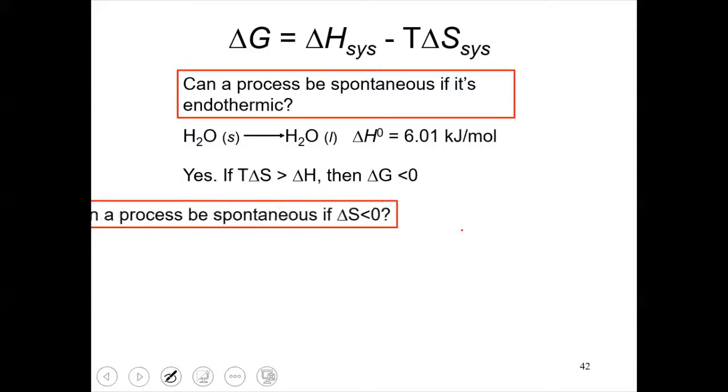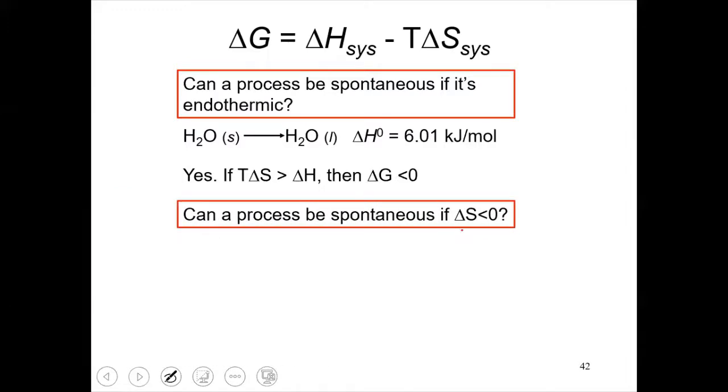Second question. Can a process be spontaneous if delta S is negative? In other words, if the system undergoes a negative entropy change. Well, first of all, remember that according to the second law, there's nothing wrong with that. The only thing that has to increase is the entropy of the universe.